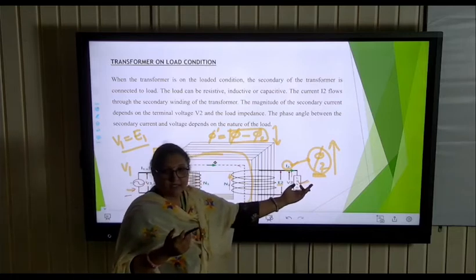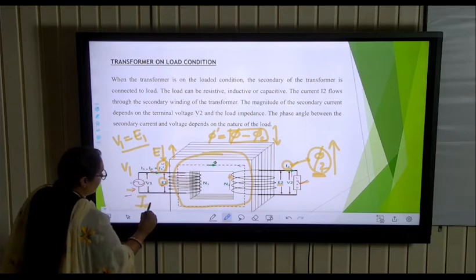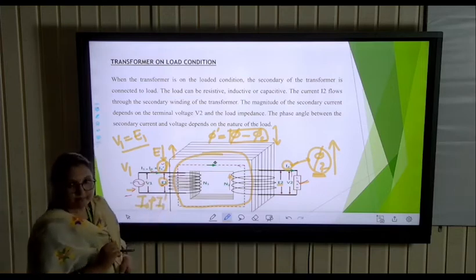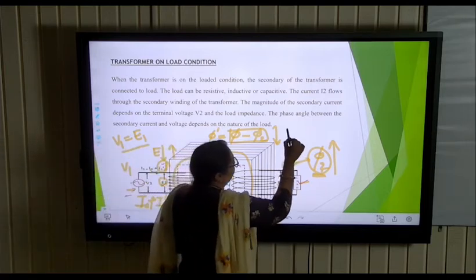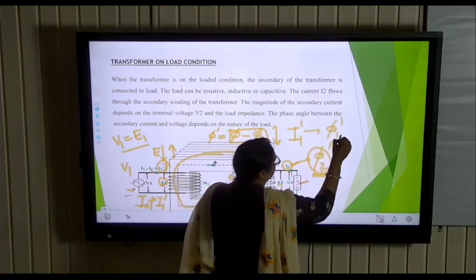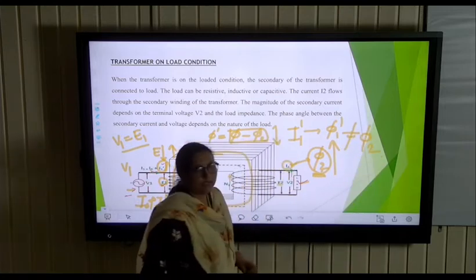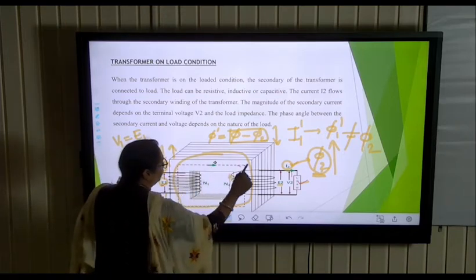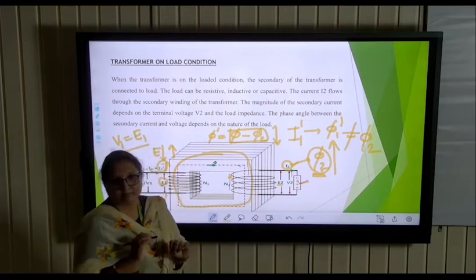That means this initial current, which is only I0, is going to increase by some portion, that is I1 dash. The flux created by I1 dash, let's say phi1 dash, will cancel out the flux produced by the I2 current. This is how a constant flux will be maintained in the machine, and it will work properly.